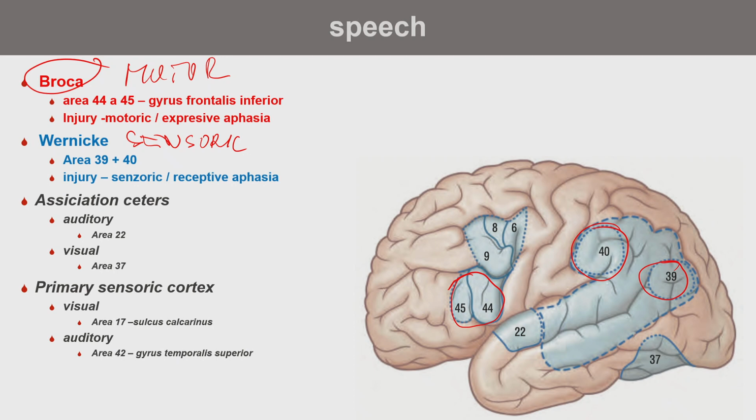But in general, it is fixed. The function is not possible to change after injury. In left-handed people, it's about 50% in the dominant hemisphere and 50% on the other side.